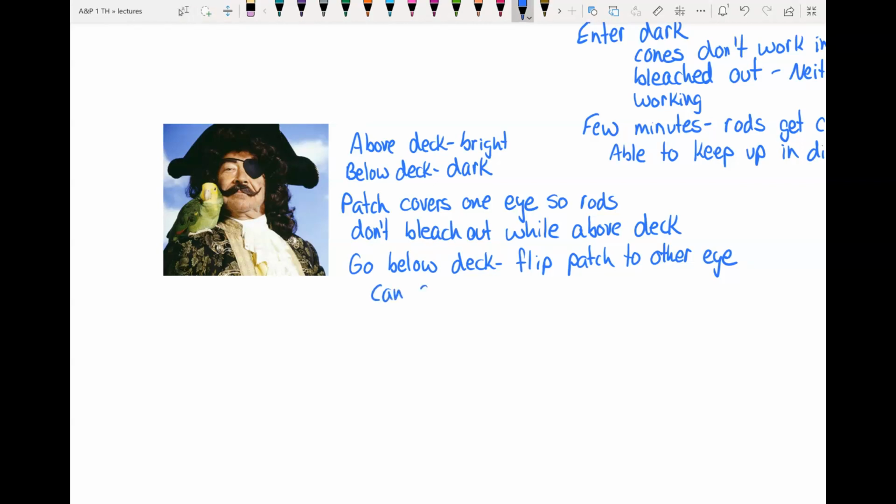So you can see right away. So the idea is not that you lost an eye in the sword fight. It's that you use this eye when you're in the bright, above deck, and you use this eye when you're in the dark, below deck, and you don't have to wait that few minutes for your eyes to adjust.